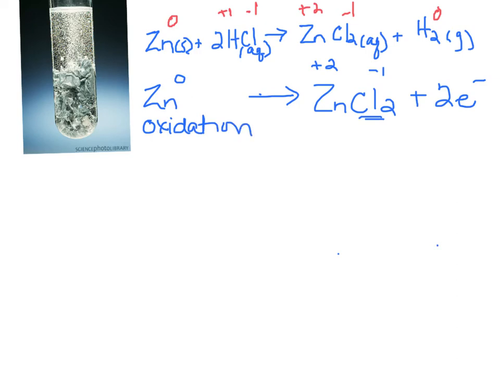Now we'll take a look at our other half reaction that's involved here, and that is going to be involving the hydrogen. So we have 2 HCl, and on the product side we have H2 gas.